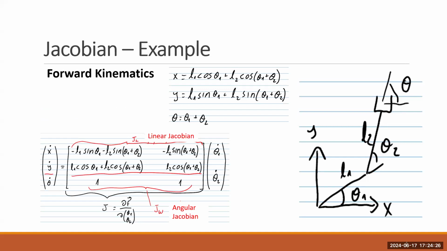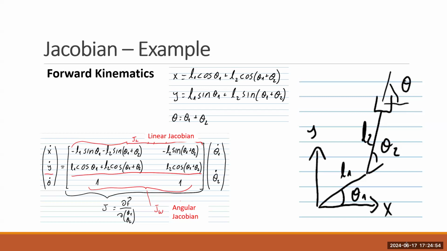Now, if we want to take the Jacobian and actually compute the velocity, then we take the derivative of these equations. J is the derivative of f, as you can see here.